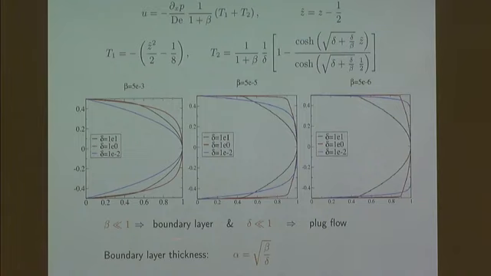So these 2 parameters control the flow field, and beta being small leads to boundary layers, and on top of it, delta being small leads to a plug flow transition. And the combination, the square root of these, gives you the boundary layer thickness. So this is for us, yes?